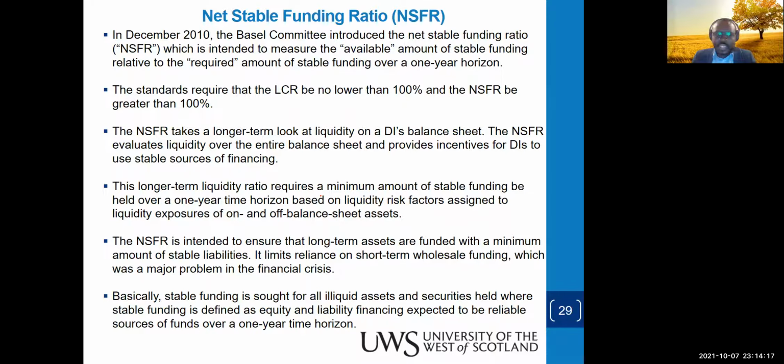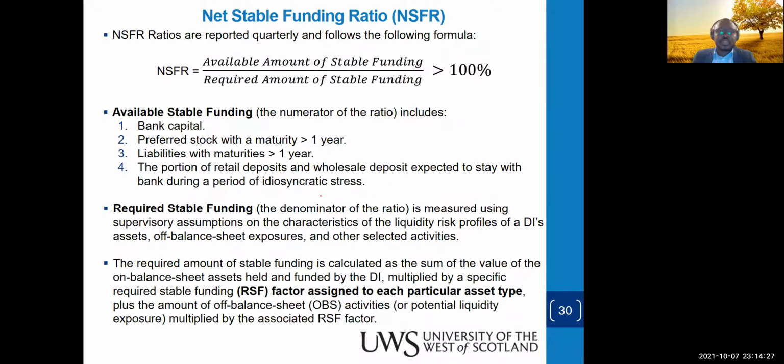So basically, what stable funding available do we have compared to what required stable funding do we have on hand? We simply divide the available amount of stable funding by the required amount of stable funding.